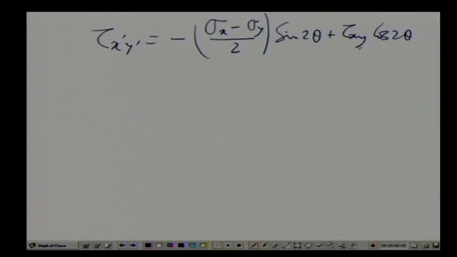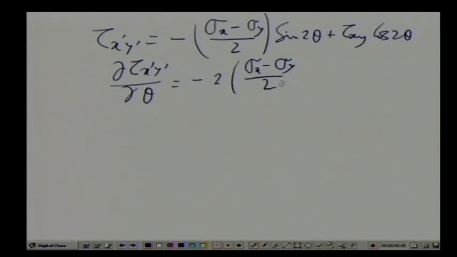Now, if we take the derivative of this with respect to theta, then del tau x dashed y dashed by del theta gives us minus twice (sigma x minus sigma y) by 2 cos 2 theta minus tau x y 2 times sin 2 theta.